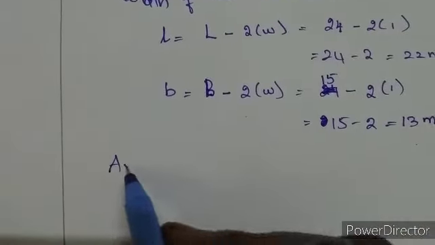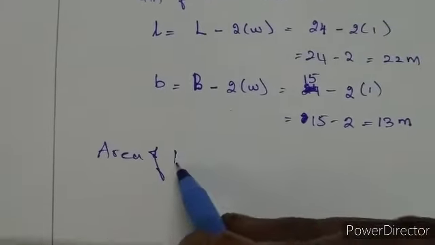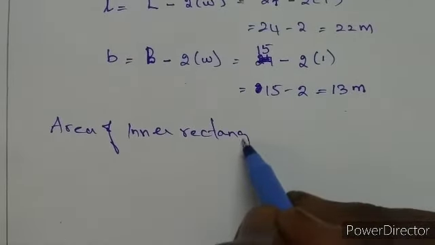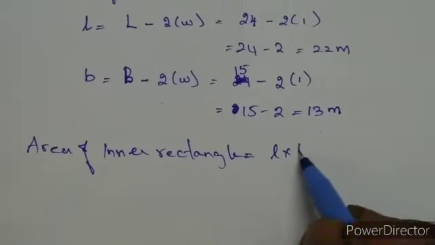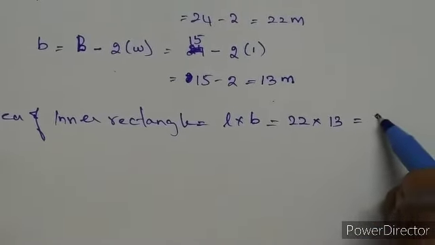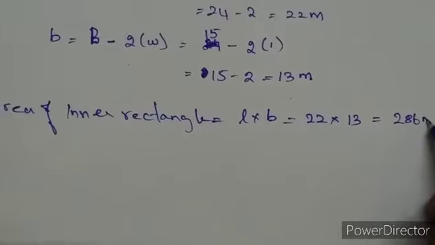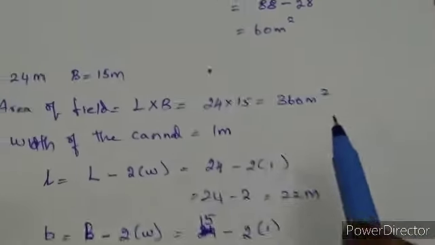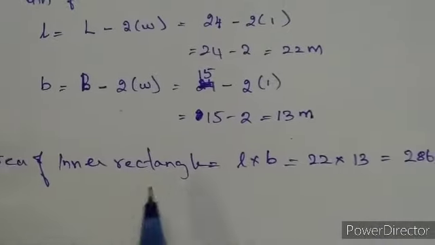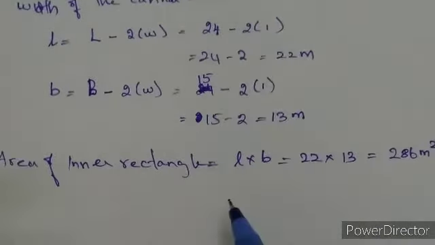Now area of the inner rectangle is small l into b, that is 22 into 13, which is 286 meters square. The area of the outer rectangle is 360 meters square, and the area of the inner rectangle is 286 meters square.